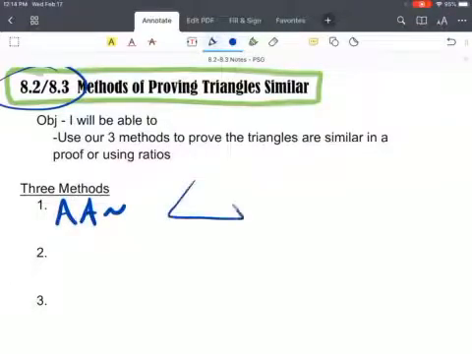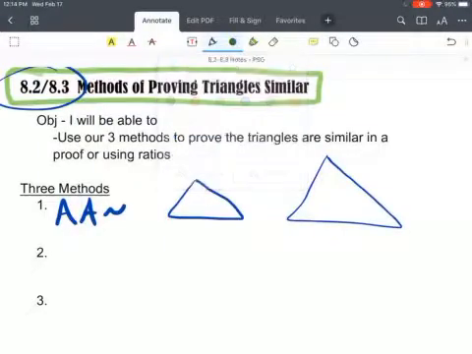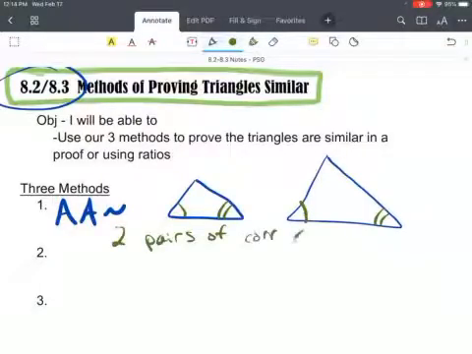So if we have two different triangles and we have one pair of angles that are congruent and another pair of angles that are congruent. So angle, angle is going to be two pairs of corresponding angles congruent.